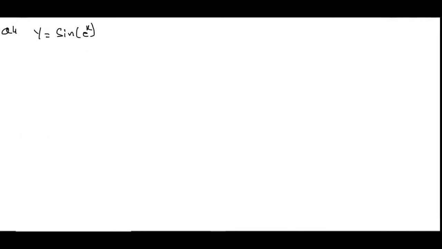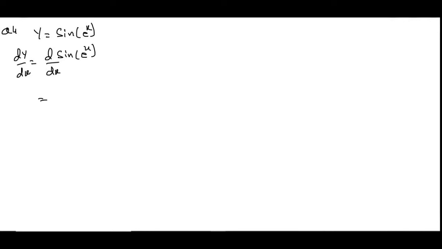Now here we have a trigonometric function and its angle is an exponential function. So dy by dx is equal to d by dx of sine e raised to power x.